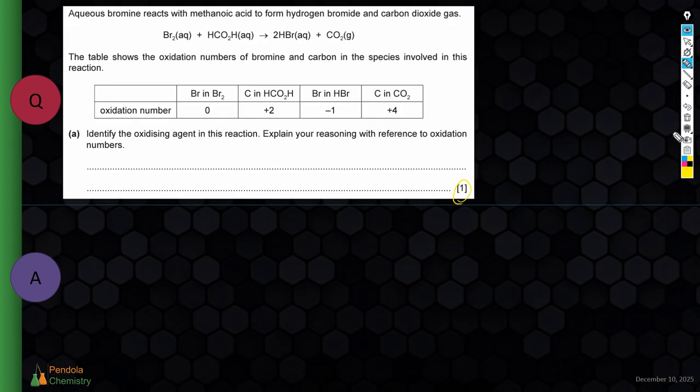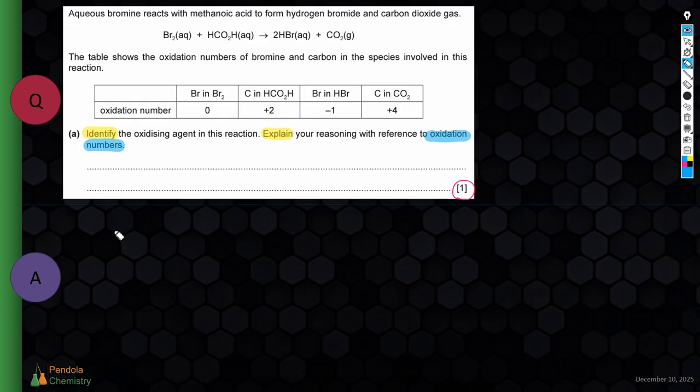So we have a 1-point question here, but there are two different command words we're working with. The first is identify, and the second is explain. Meaning that you need to both identify the oxidizing agent, but you also need to explain why that's the oxidizing agent with respect to oxidation numbers.